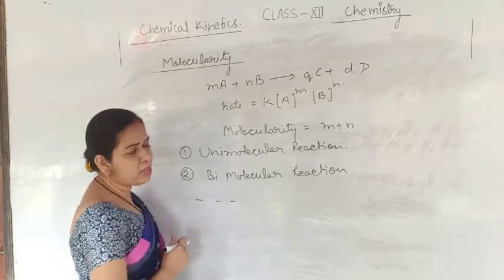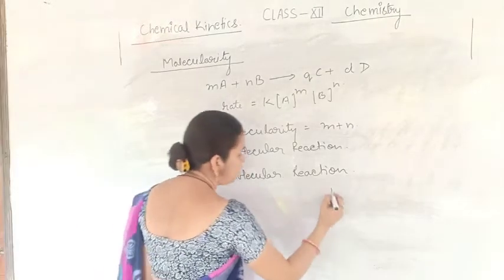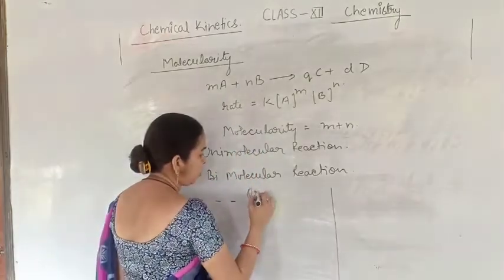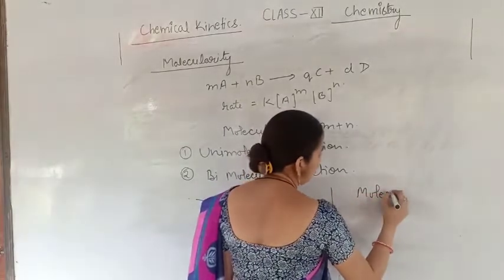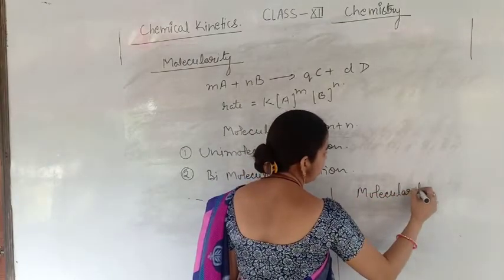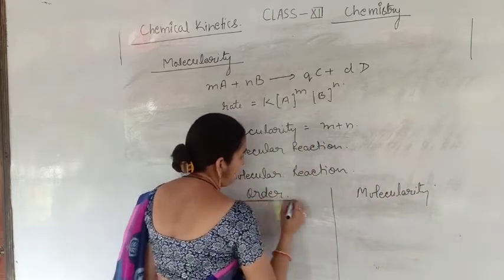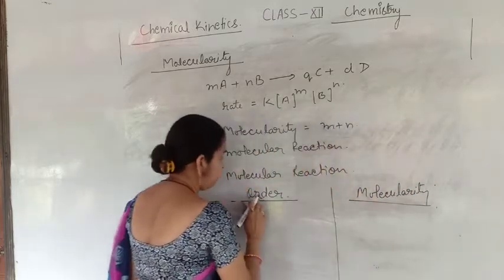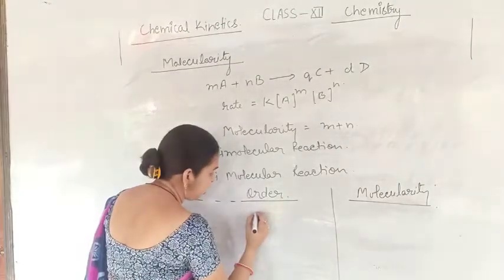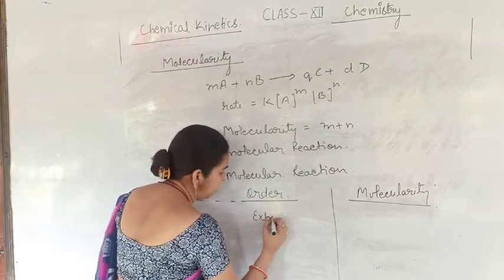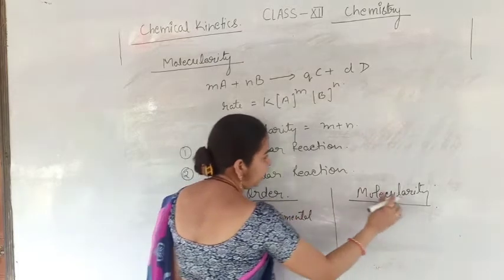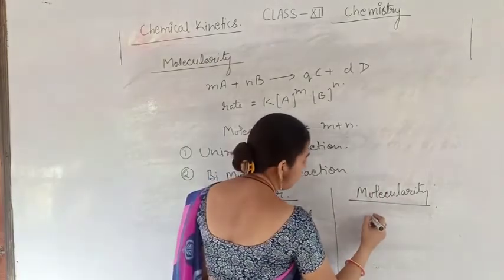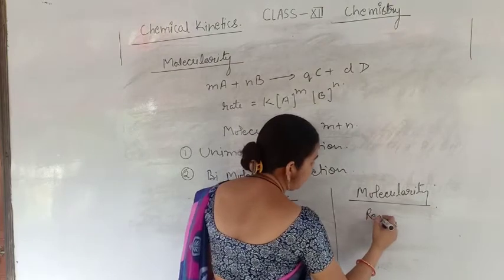What is the difference between order of reaction and molecularity of the reaction? Order of the reaction can be determined experimentally, and molecularity can be determined on the basis of the reaction.